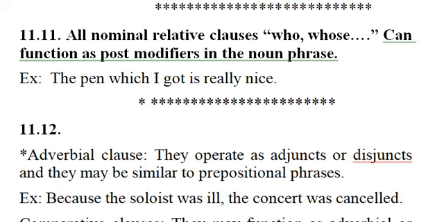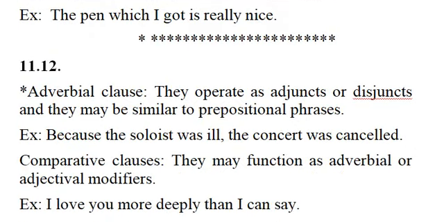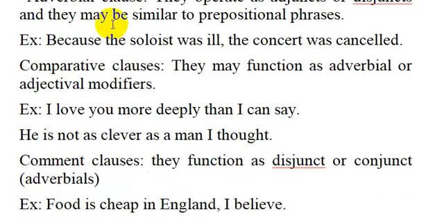And so on and so forth with all other nominal relative clauses, الجمل الاسمية الوصلية التي تأتي بعد الجملة الرئيسة. And this is an example: the pen which I got is really nice. "Which I got," as I have mentioned in the example.